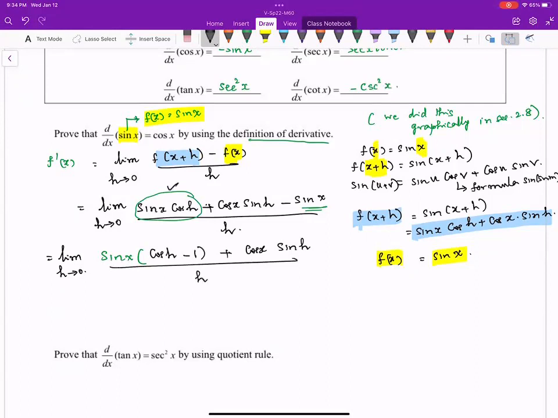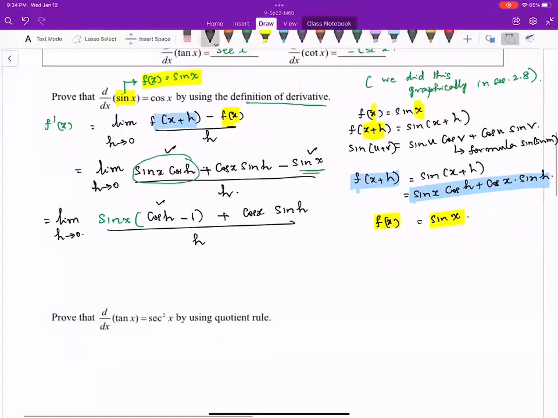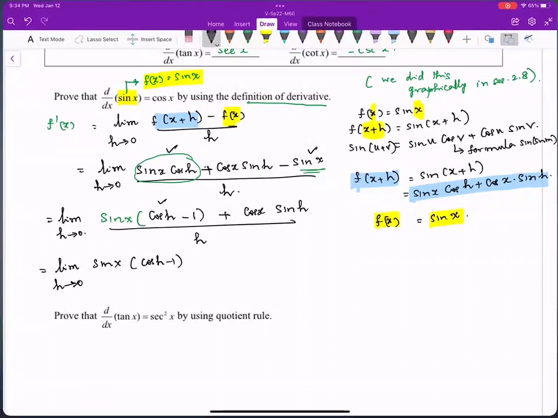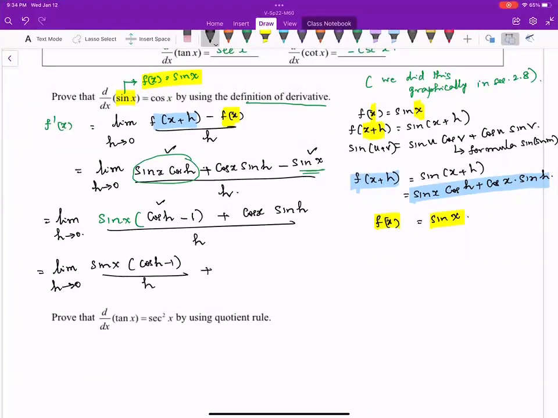I'm looking at the first and the last terms, and I did this, and then I'm keeping the second term as is. So now you can actually break them into two terms. One is sine x times cosine h minus 1 over h. The other one is the limit as h approaches 0 of cosine x sine h over h.